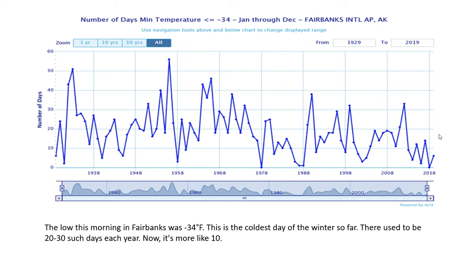There's been winters here up until this winter where I was hardly getting anything near 30 or 40 below. And even with the cold temps that I had at my house, the coldest I saw was 36 below, 38 below, which is really not that bad. So it's an interesting graph showing a trend of the number of really cold days is decreasing. And you can see it's basically for a 90-year period.